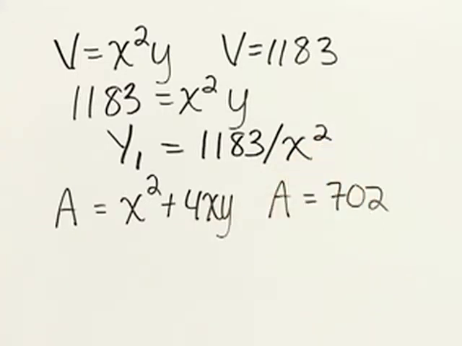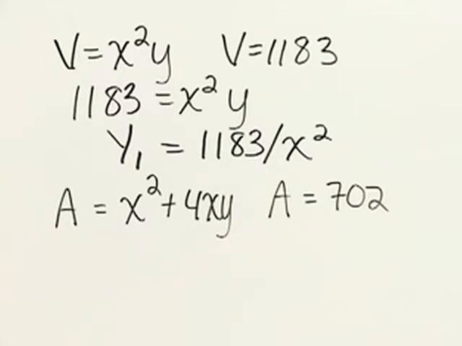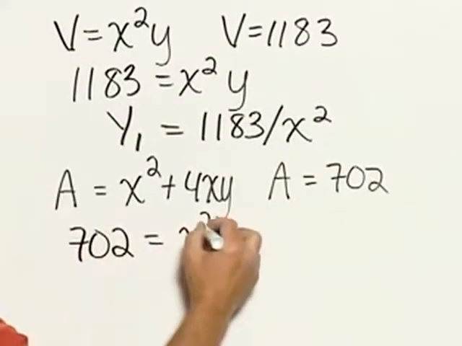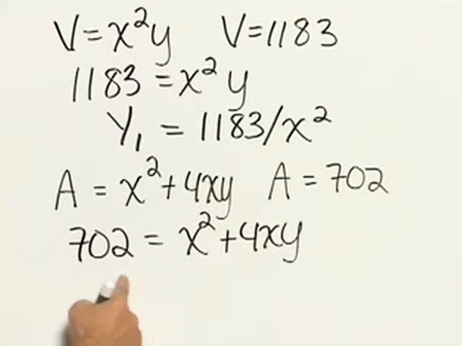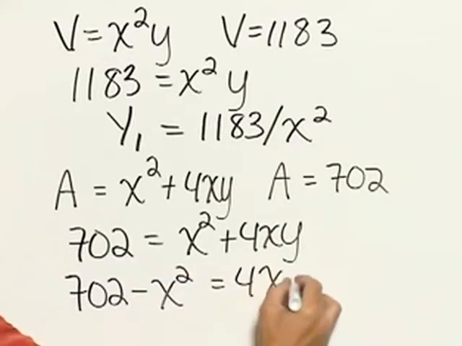For the area, the equation is x squared plus 4xy, and the area is 702, so we substitute that. 702 equals x squared plus 4xy. Subtract x squared from each side, and we have 702 minus x squared equals 4xy.